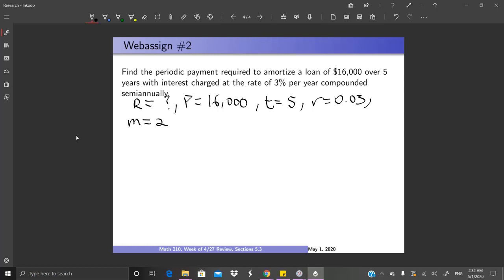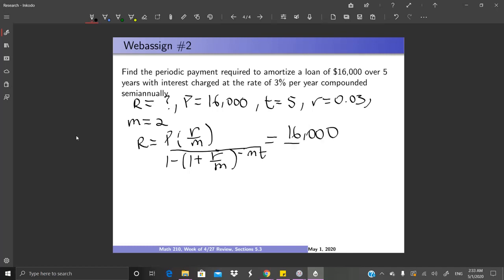And then we just have to use the formula that we have. R is equal to P times (r over M) divided by 1 minus (1 plus r over M) to the power of minus MT. So that's the formula we want to use. In our case, it's going to be 16,000 multiplied by 0.03 divided by 2.